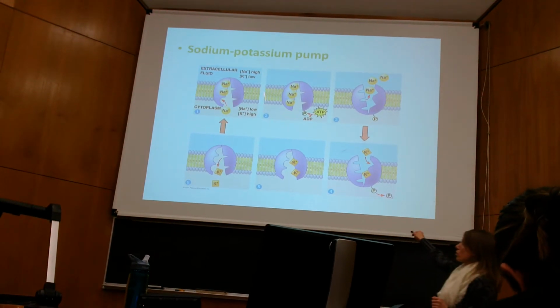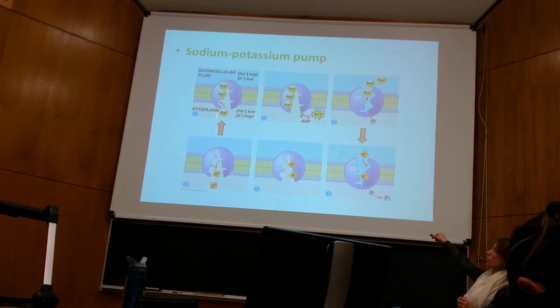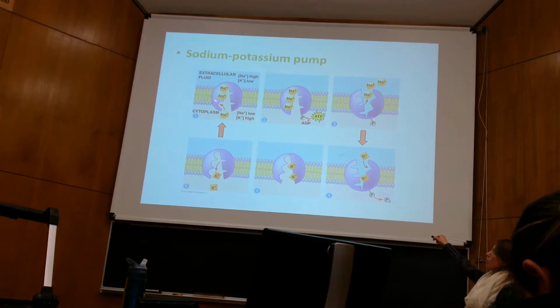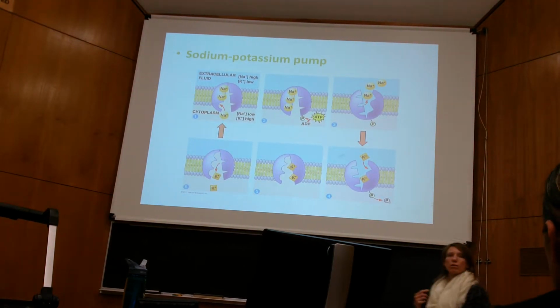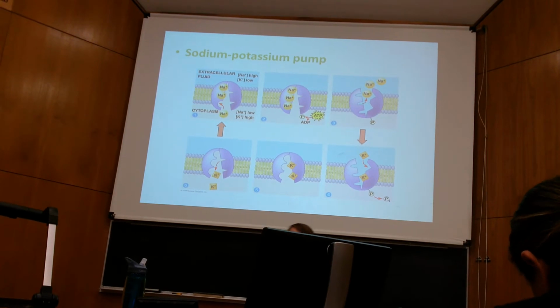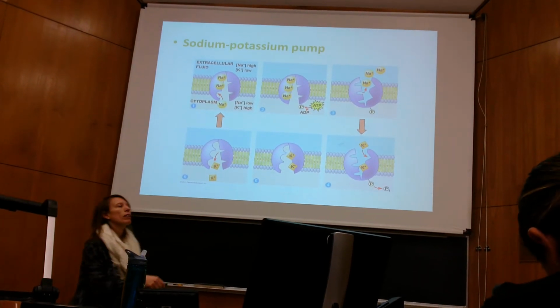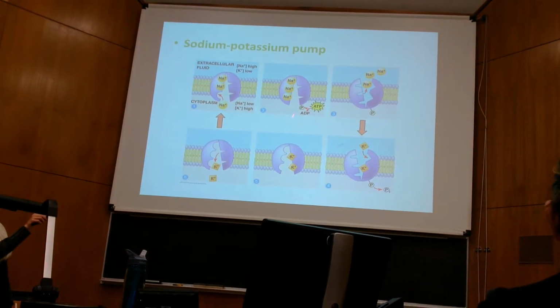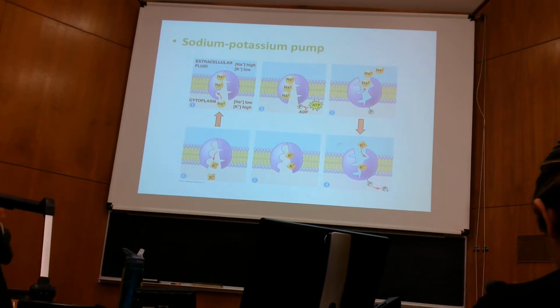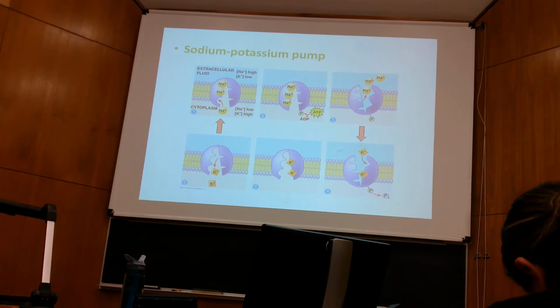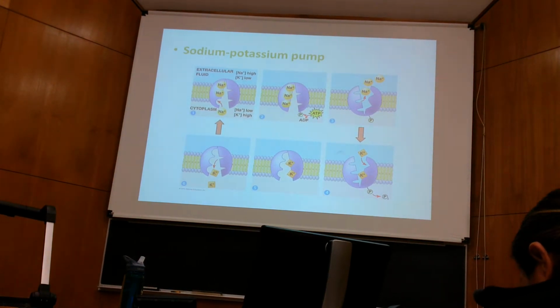So you can see this is a transmembrane protein, right? It goes across both sides, and it has 3 active sites where sodium binds. So sodium, once it has bound to all 3 sites, an ATP molecule will transfer a phosphate group there, giving it some energy, causing it to change shape and open to the exterior of the cell, which causes the sodium to be released.